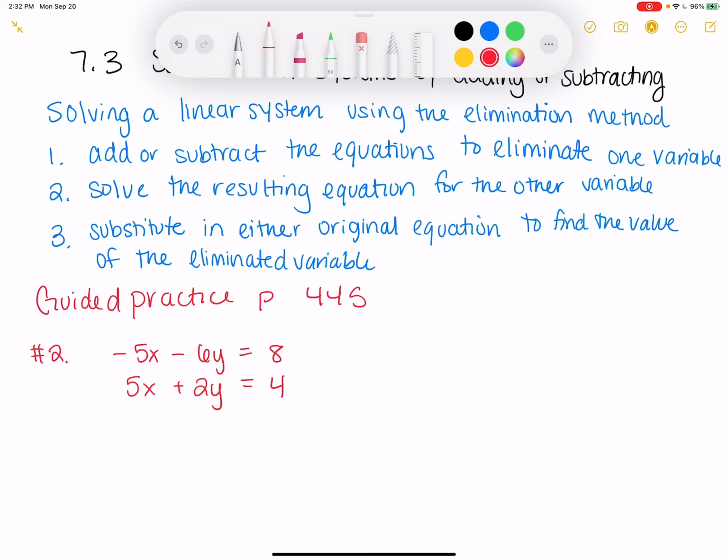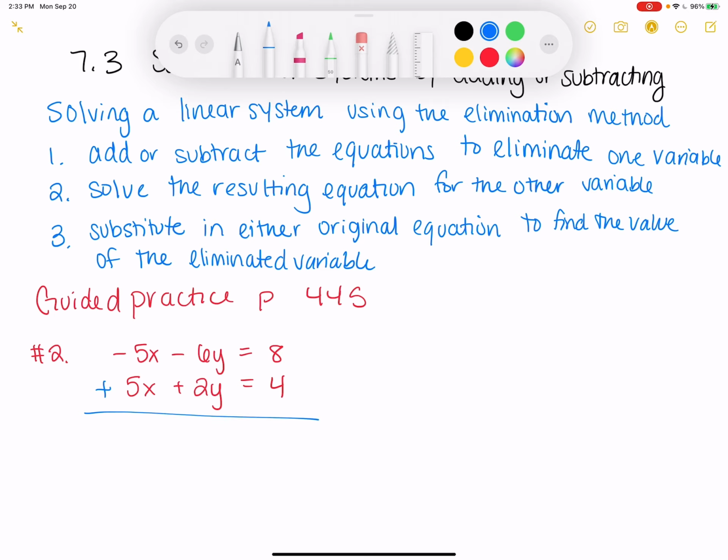Okay, so in this case, it works out nicely. Notice that the x's have the same number in front of them. Okay, and this one, they're already opposite signs. So a negative plus the positive is going to give us, because it's the same number, 0. So our x's are going to go away when I add these two things together.